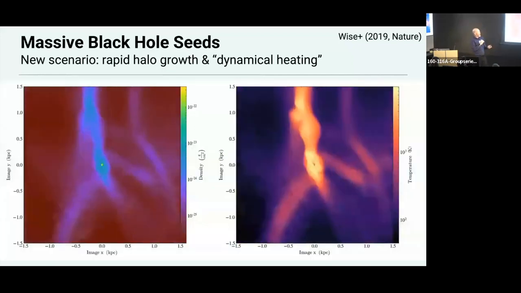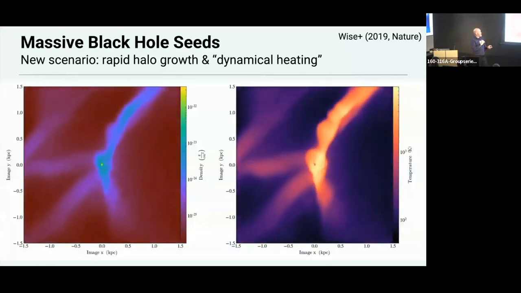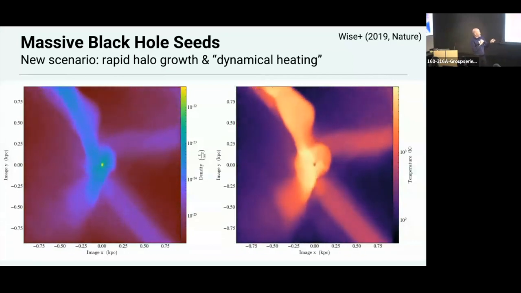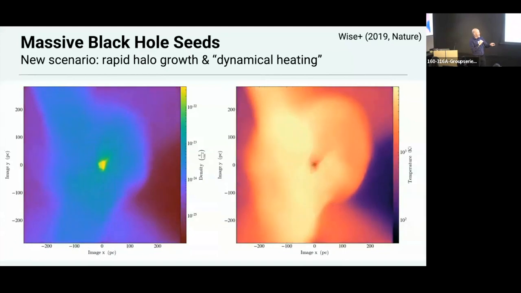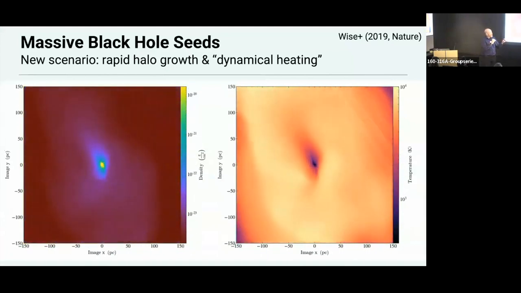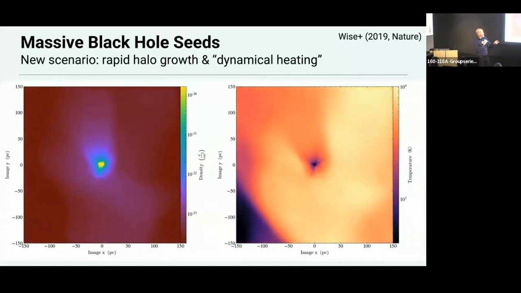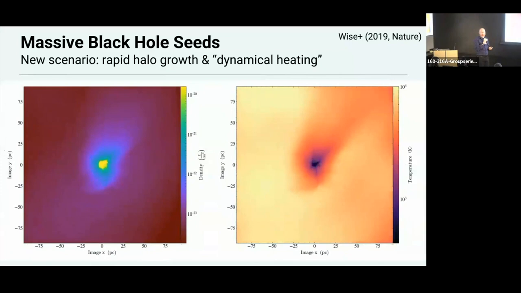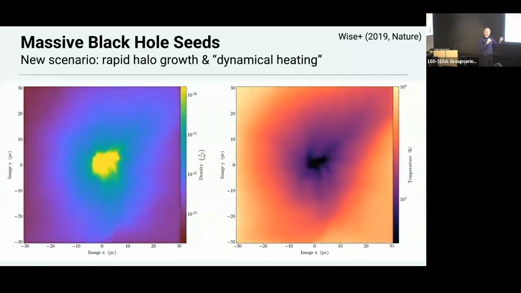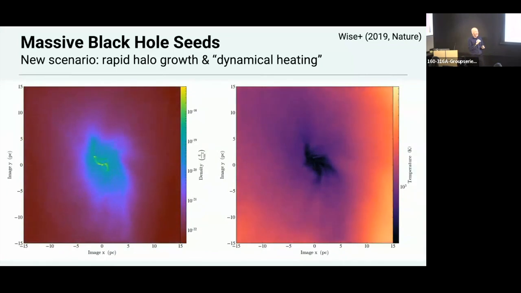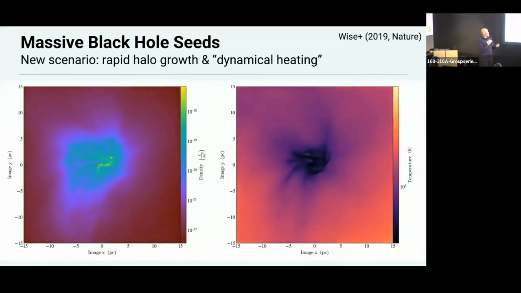But here's one of the halos that we studied in this initial paper, an atomic cooling halo. It's heated to 10 to the 4 Kelvin, but it becomes self-shielding, and it starts to cool and collapse into a disk here. And this disk is gravitationally unstable, and it fragments into three clumps with roughly 10 to the 4 solar masses of gas.